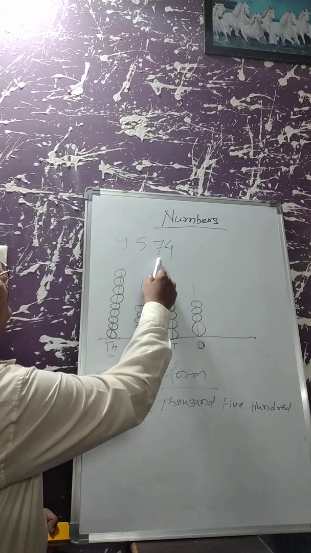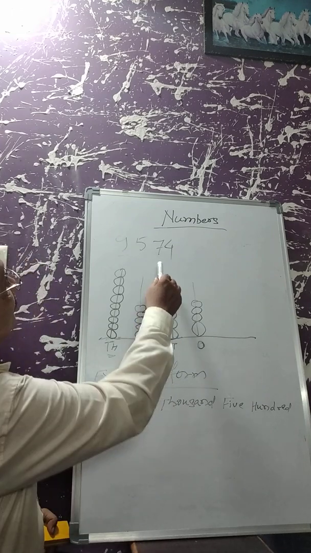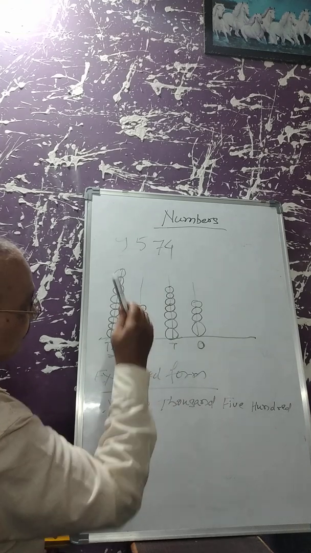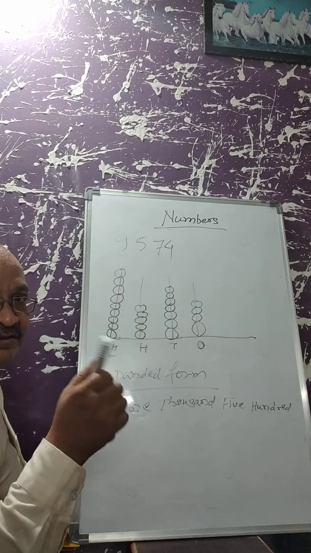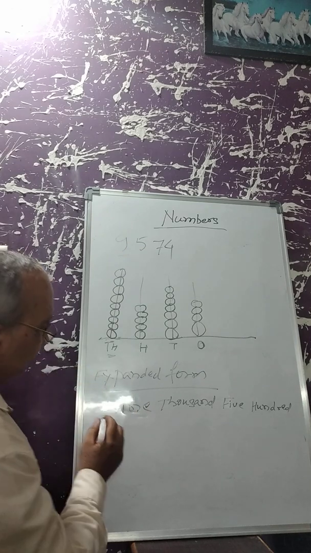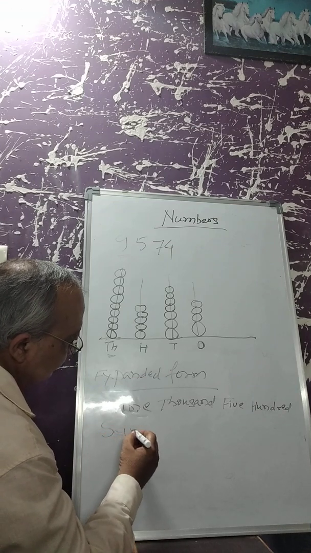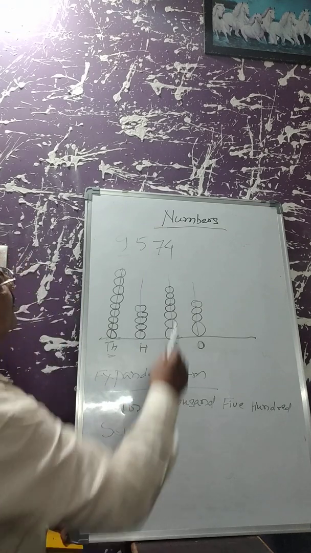The next figure is 7, which is at the place of 10. So 7 tens makes 70, because 7 tens are 70, isn't it? So it makes 70.